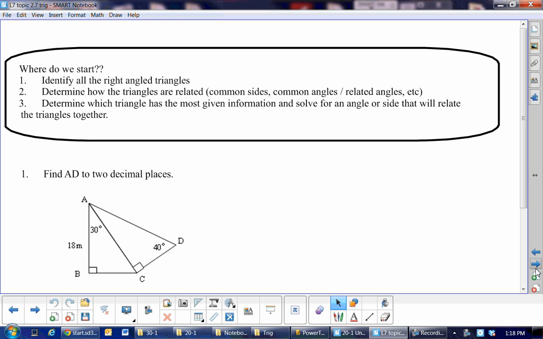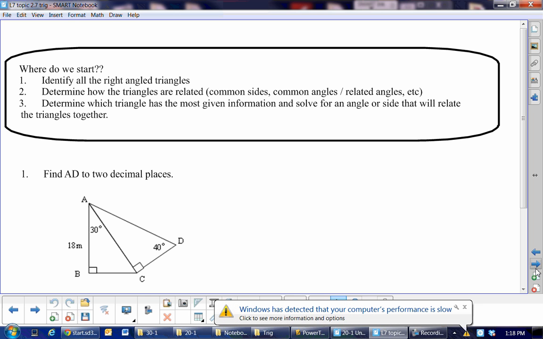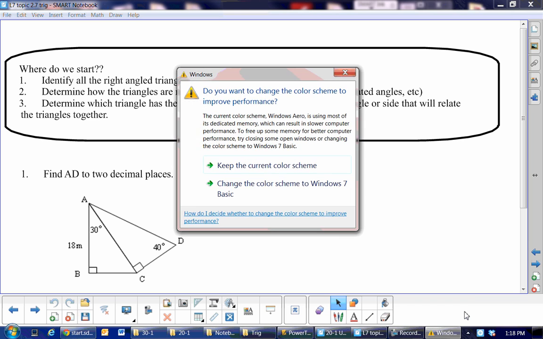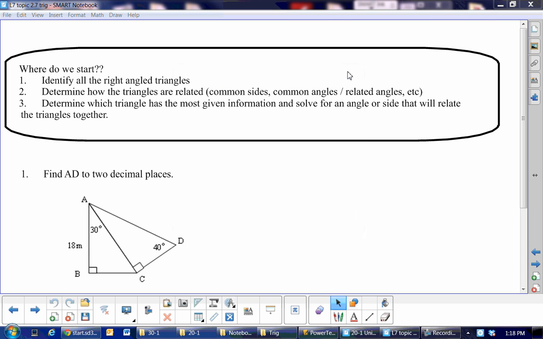Okay, so to kind of sum it all up, first of all, look and see if there's any angles we can see right now. And this one, I'm not seeing that. Now it said find AD, so always know what you're trying to find. This here will be our unknown, our x.